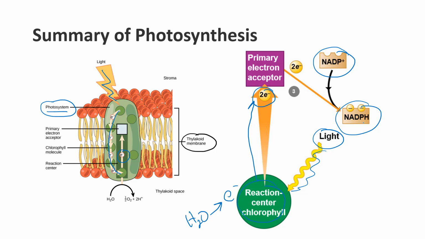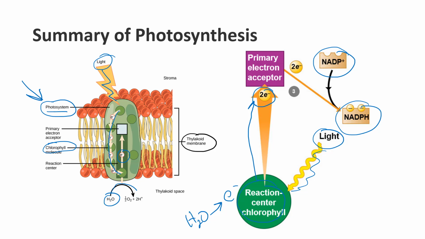Just at this point, understand that these light dependent reactions are taking place in these photosystems. You've got these pigments, chlorophyll and other pigments, that are focusing that light energy onto these electrons. The electrons come from water, right?